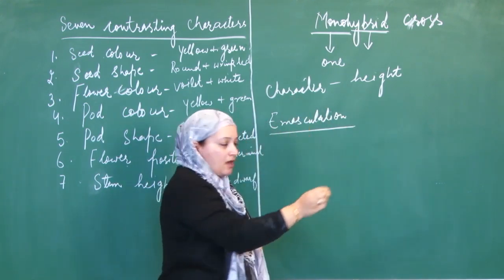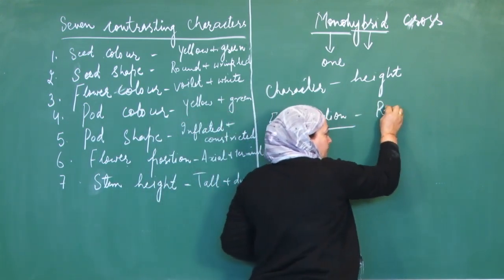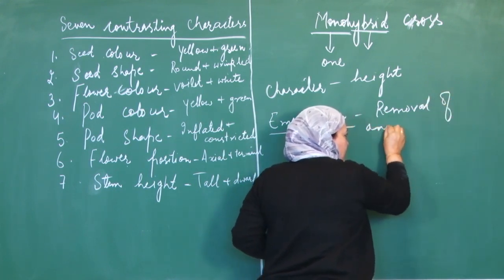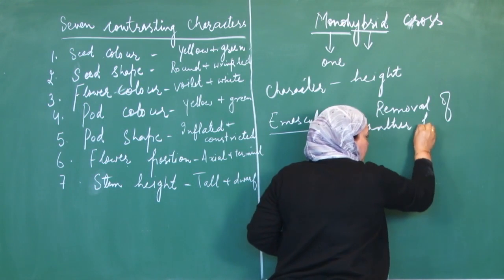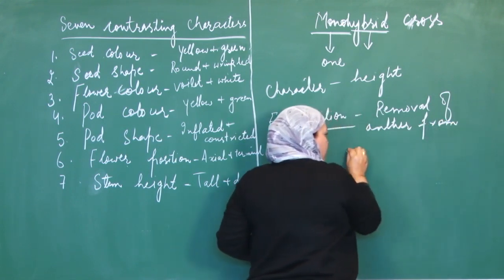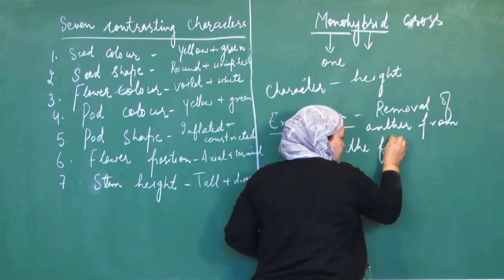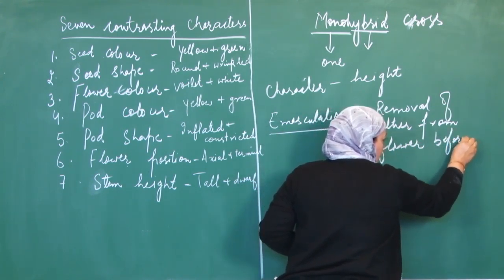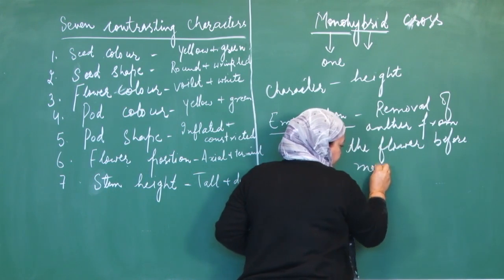Emasculation means removal of anther from the flower before maturity.